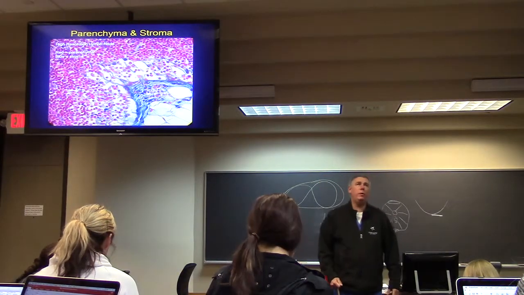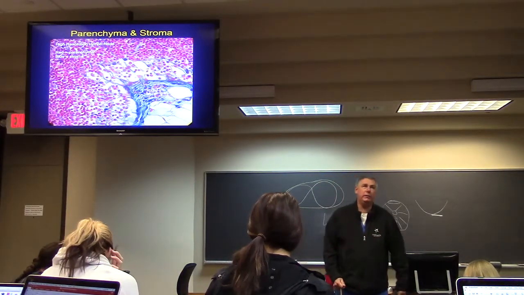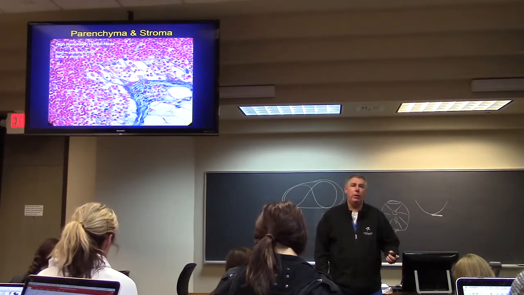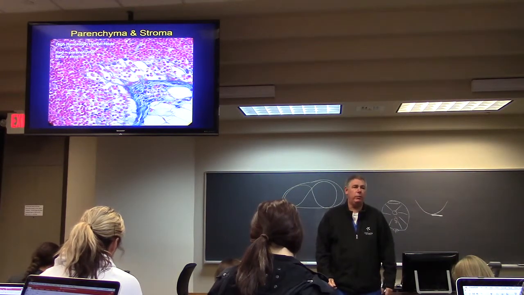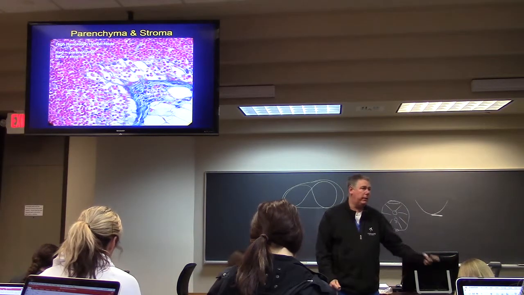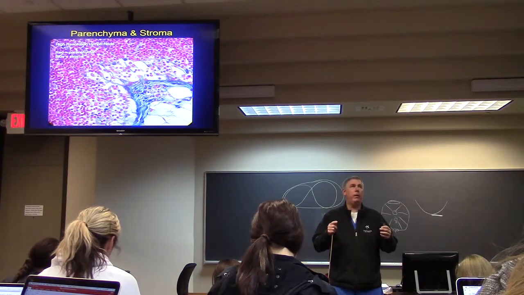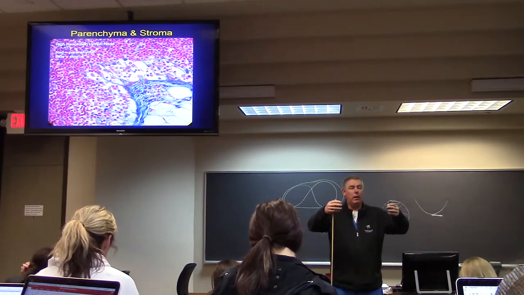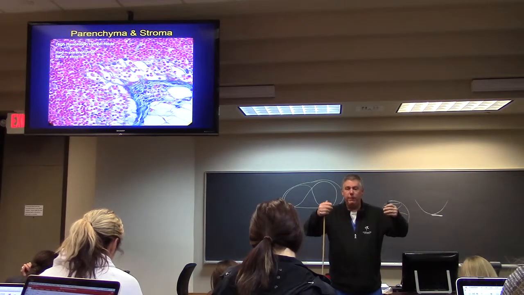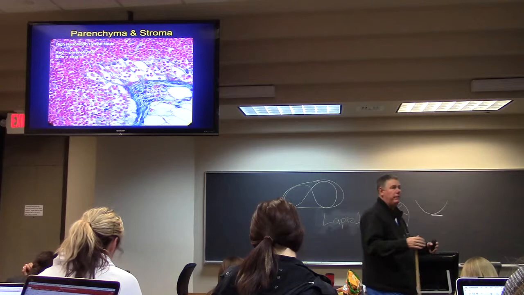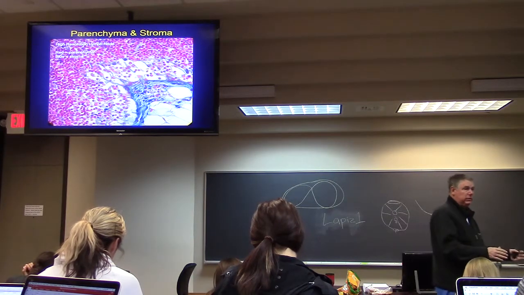When you look at tissues, there are two terms you need to know. One of them is the parenchyma. When you hear somebody refer to the lung parenchyma or the parenchyma of the liver or whatever, the parenchyma is essentially the functional unit of that structure. So the parenchyma of the liver would be the hepatocytes.